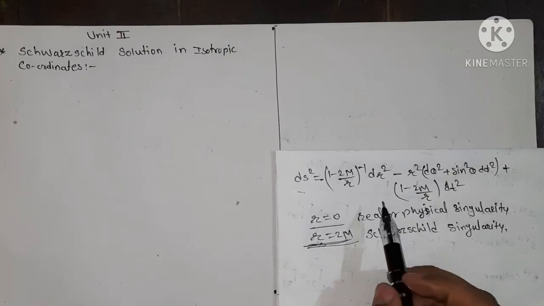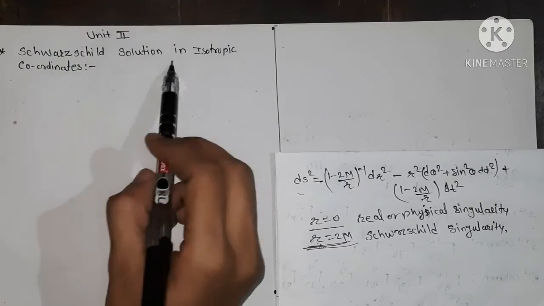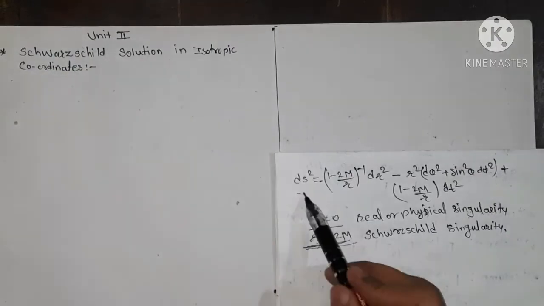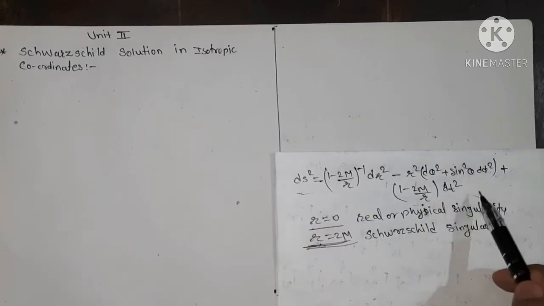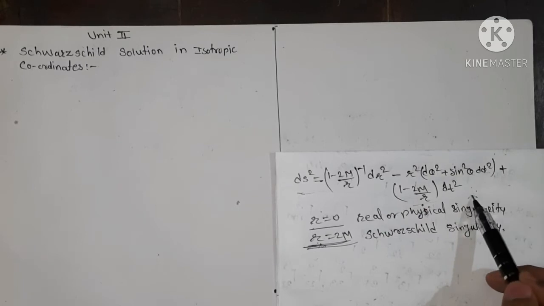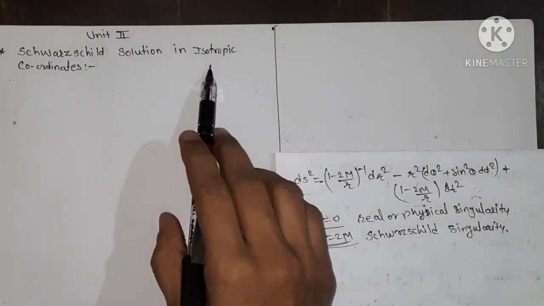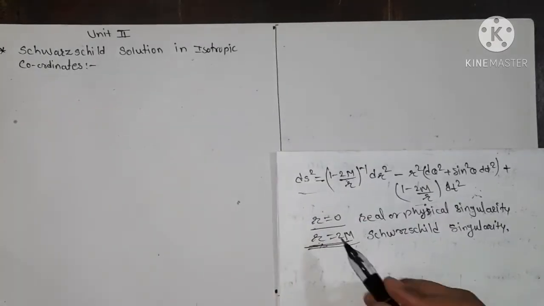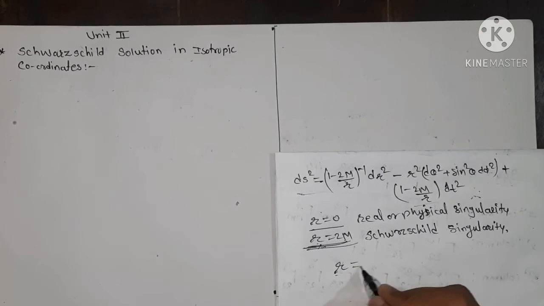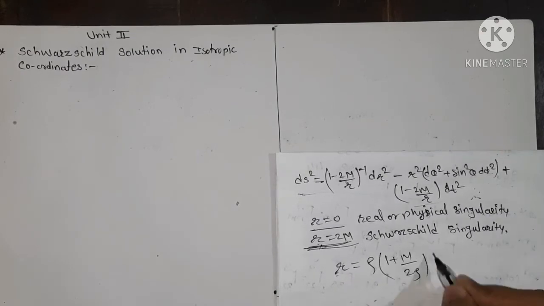Now, our today's topic is the Schwarzschild solution in isotropic coordinates. That is, we have to transform this Schwarzschild exterior solution into the isotropic form. We do this by taking a suitable coordinate transformation: r = ρ(1 + m/2ρ)².